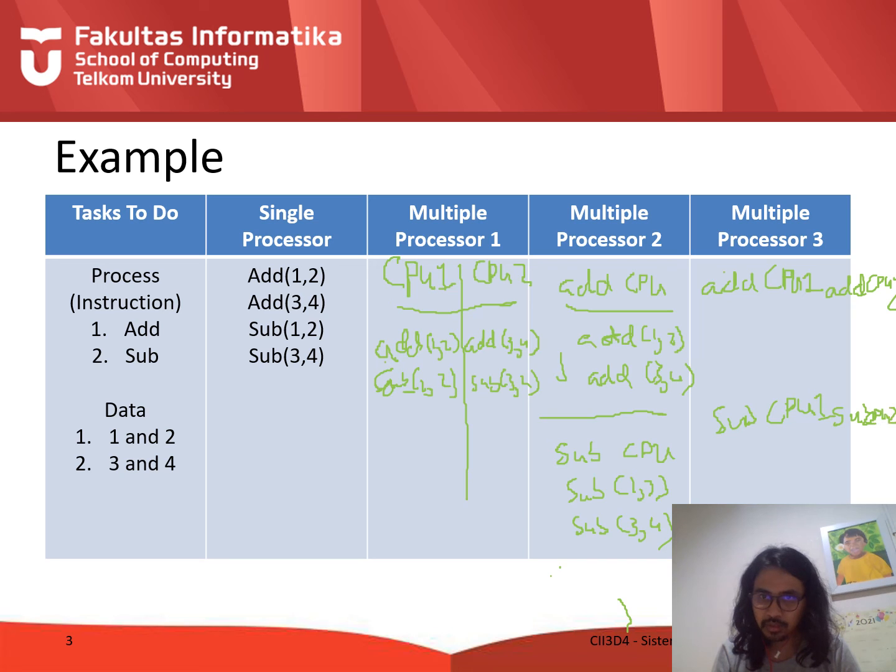And so this will finish in one execution time, each of them with different tasks, 1 and 2, 3 and 4, and here 1 and 2, and 3 and 4. So each of these scenarios has a name.